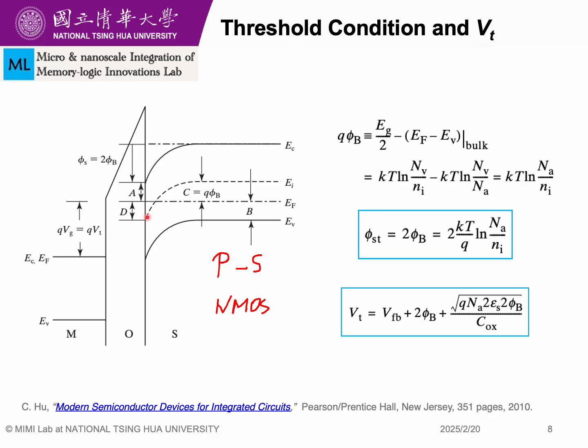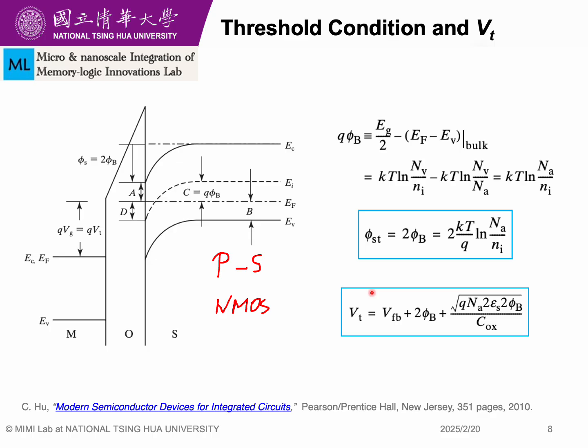So now what is the value of D? Our mid gap was in this position and this is the new position, so the total bending is C plus D. If this is q phi b and C equal to D, then the surface potential phi s is twice phi b, and that gives this equation.